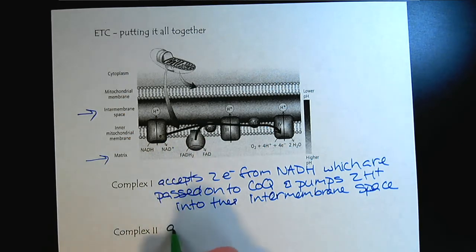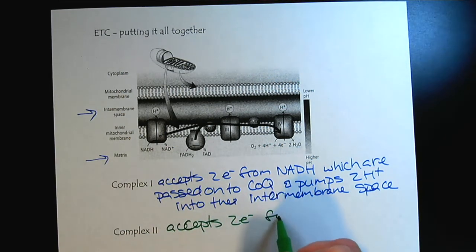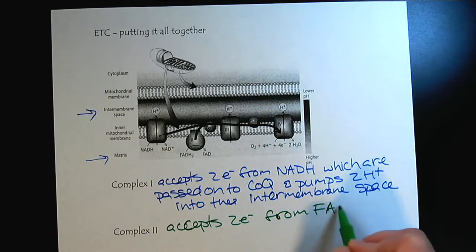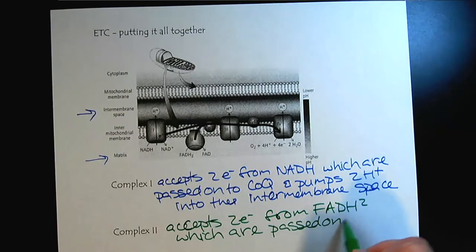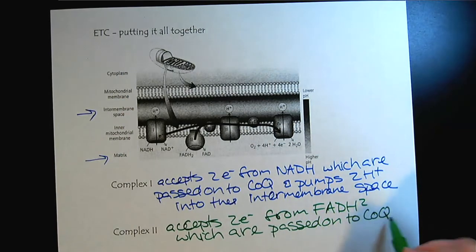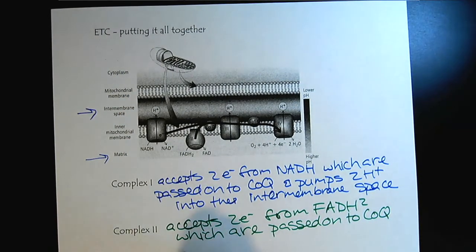Complex 2 accepts 2 electrons from FADH2, which are also passed on to coenzyme Q. Notice that no hydrogen ions are pumped, because coenzyme Q doesn't penetrate into the intermembrane space.